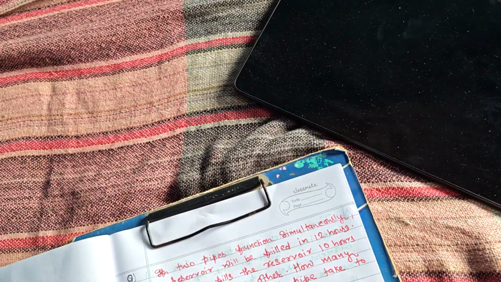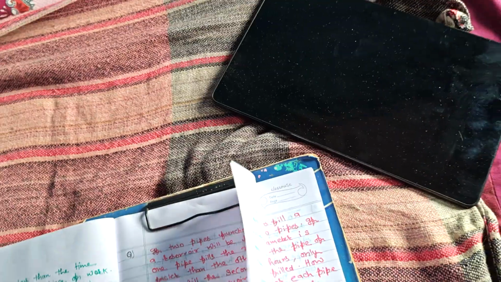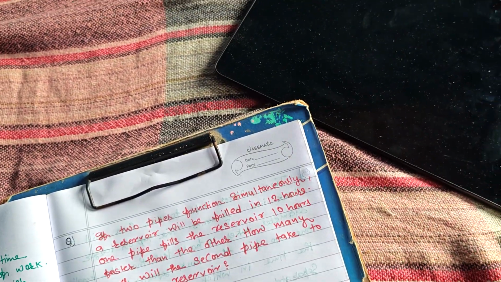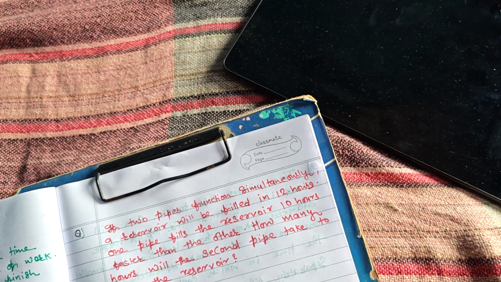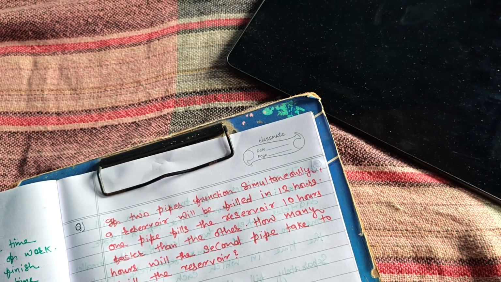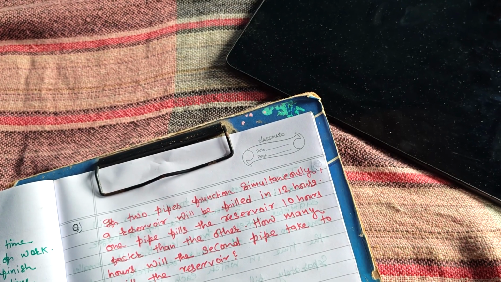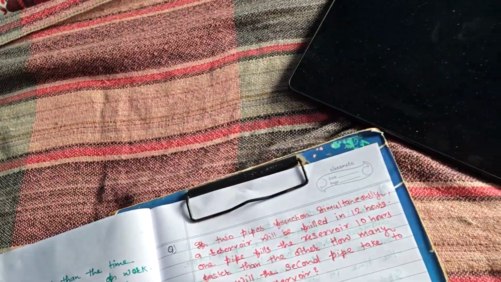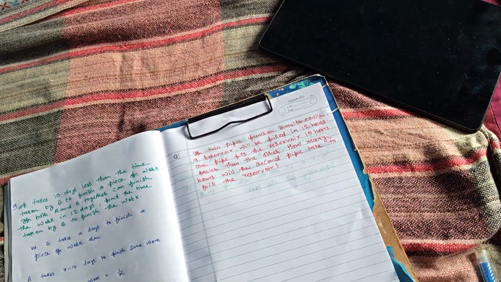So, let me consider, suppose one pipe takes X hours, then the other will take X minus 10 hours, being faster than the other.